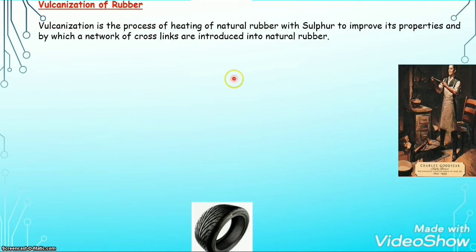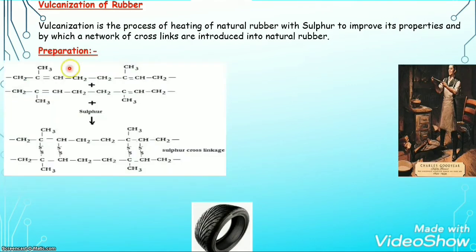Let us understand what is this vulcanization of rubber in detail. For the vulcanization of rubber, we are taking two polymeric chains of natural rubber, as vulcanization is the process of heating of natural rubber with sulfur. During the vulcanization process, sulfur cross links are formed.